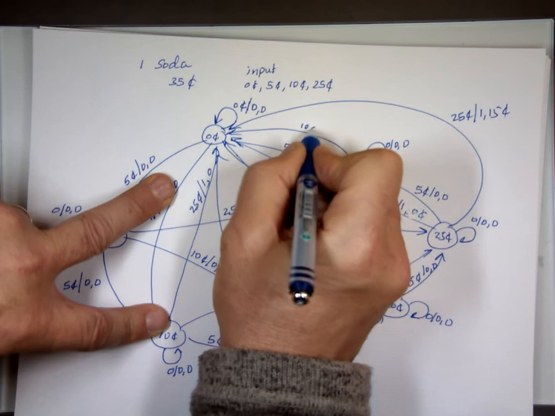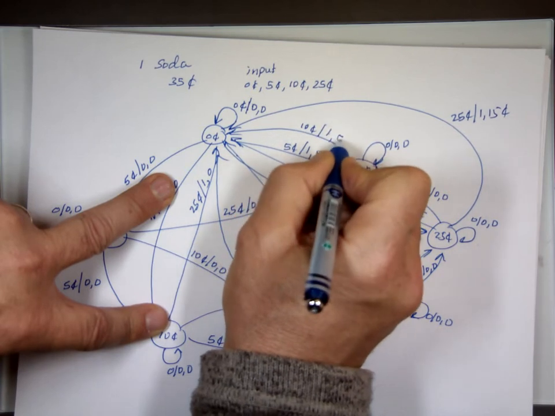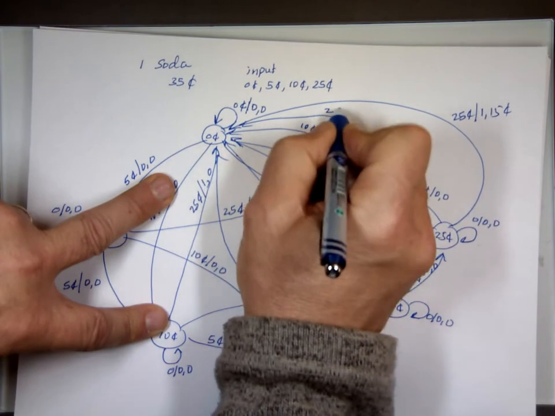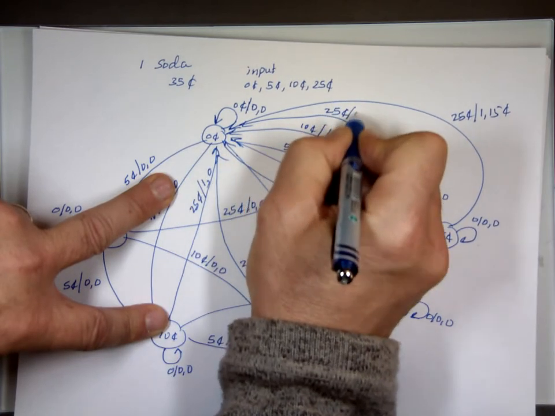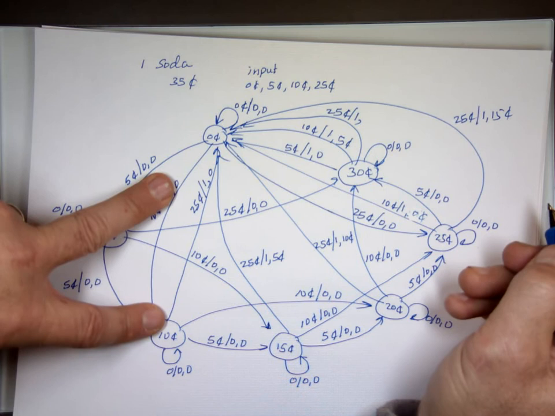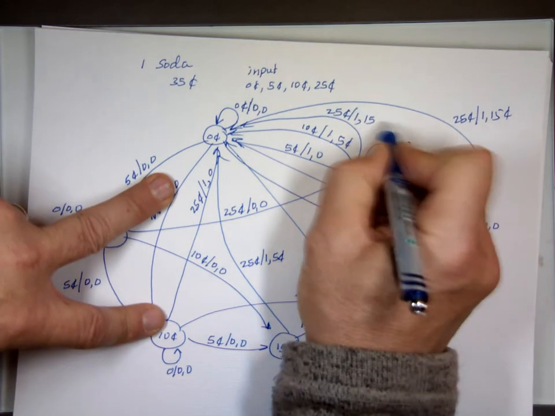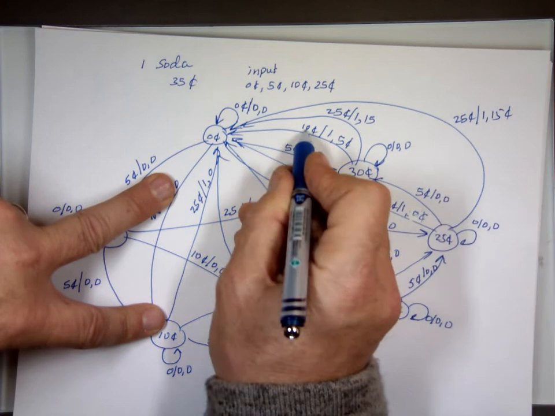And 25 cents, candy and how much change back? 15 cents. You're at 10. That's a 10. Oh. So you got to design something like this.